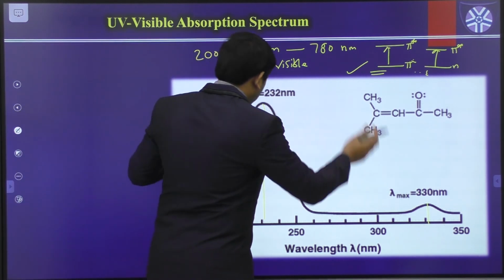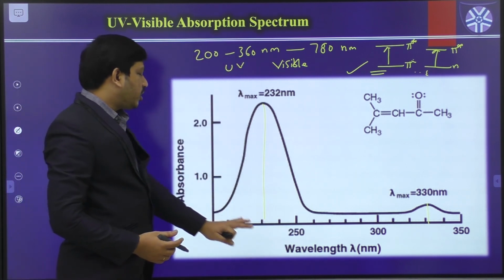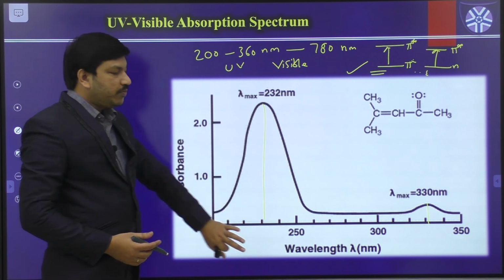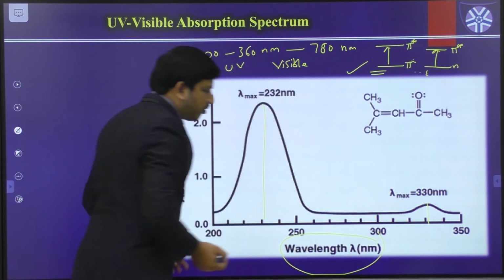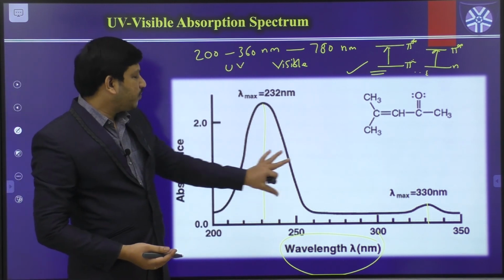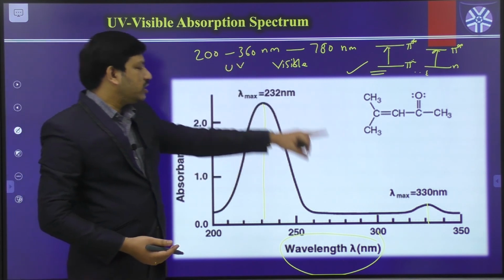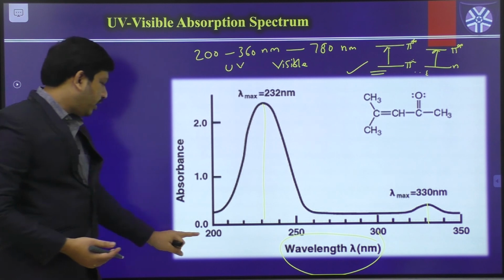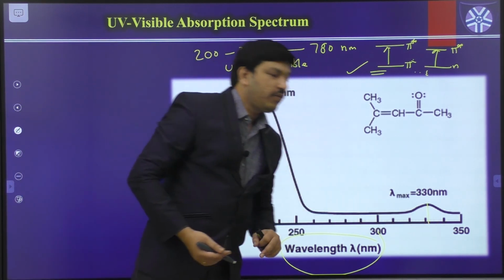Before that, just try to understand what an absorption spectrum is. An absorption spectrum is a graphical representation. On the x-axis we take the wavelength values. This is the absorption spectrum, and this particular molecule is absorbing only in the region of 200 to 360. That is the reason on the x-axis this is 200 up to the 300 to 350 region only.